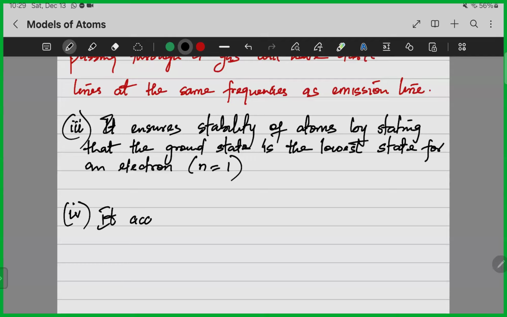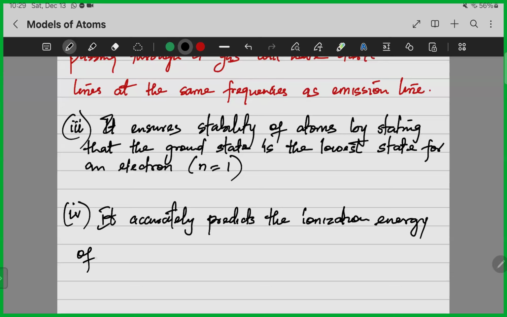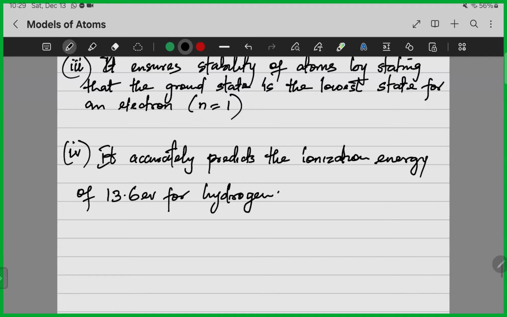It accurately predicts the ionization energy of 13.6 electron volts for hydrogen. So that is the ionization energy.